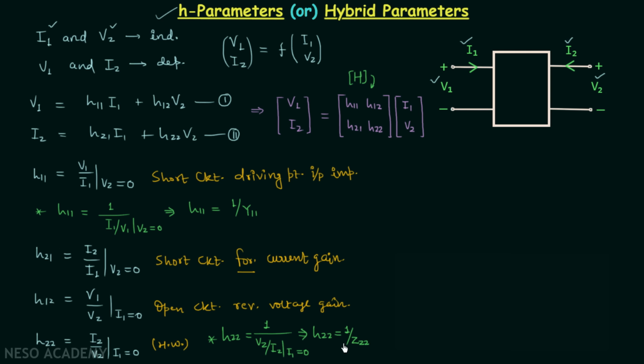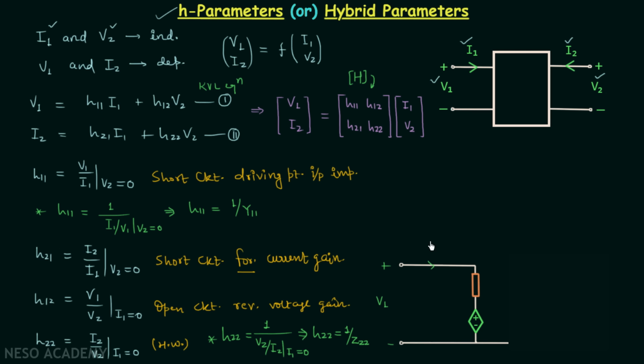So from here we can say that parameter H22 is equal to 1 over parameter Z22. So note down this point, and now we will move on to the next part of this lecture, in which we will obtain the two-port network with H parameters using the two equations we are having. Equation number 1 is a KVL equation, and from this equation it is clear that voltage V1 will be equal to H11 multiplied to I1.